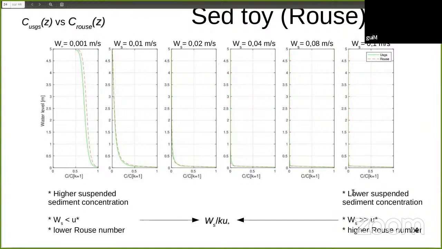Intuitively, we can see that when you have more settling velocity, it deposits quickly, so you have lower concentration in your column, and it's the inverse in the other case. I also put the Rouse number there for information.